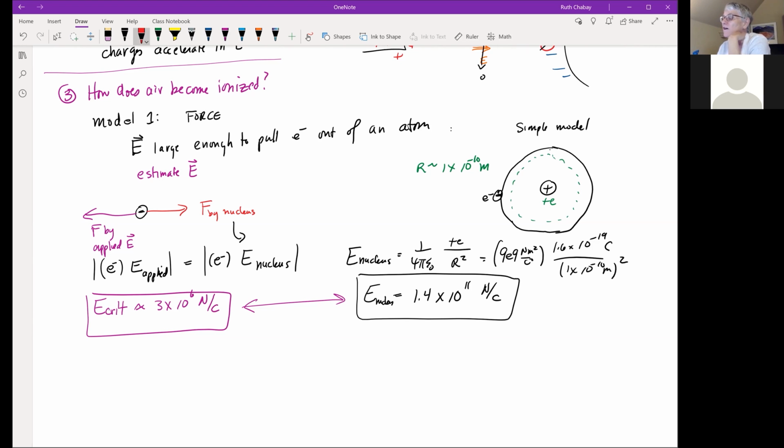Well, we're used to being off by factors of 2 or 5, or even an order of magnitude in an estimate, but now we're off by 5 orders of magnitude. And that says, no, throw out the model.